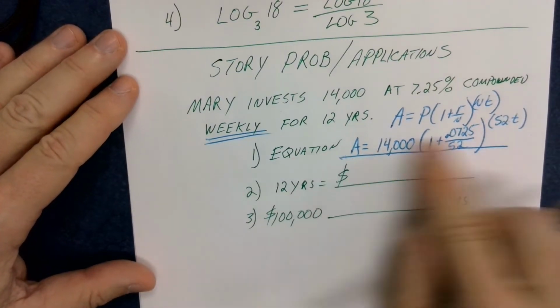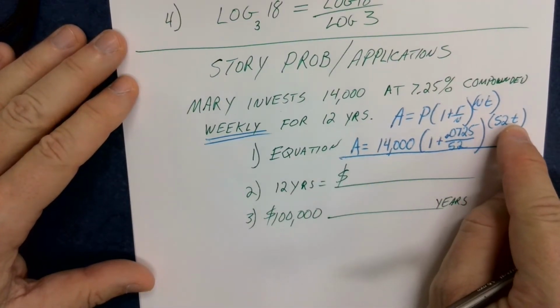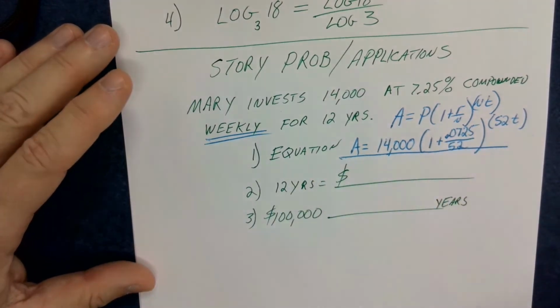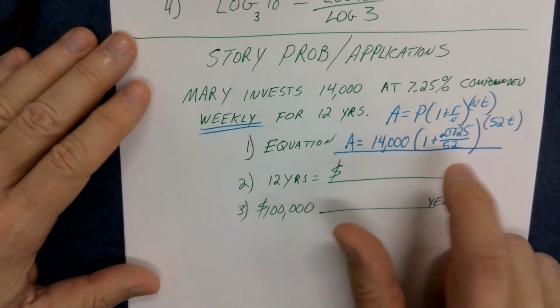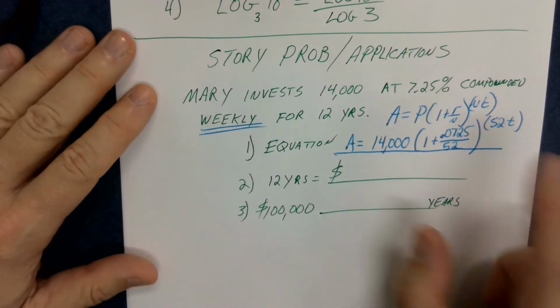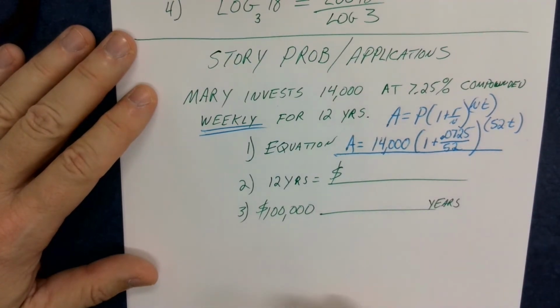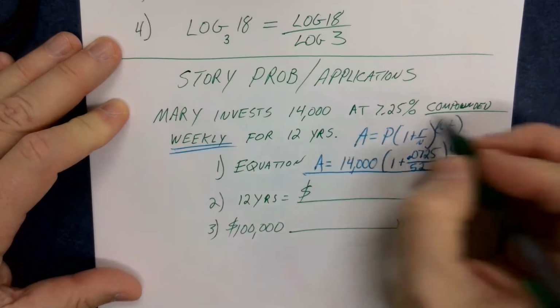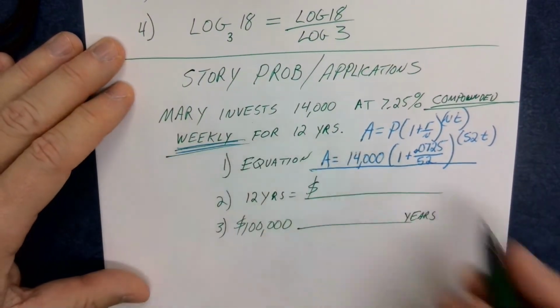This is the general equation then. And then on number 2, we're going to actually plug 12 into that t to be able to solve for that. So if we don't have that formula, it doesn't matter anything for the rest of the stuff that we do. You got to have the right one. And it's this one because it says compounded weekly.